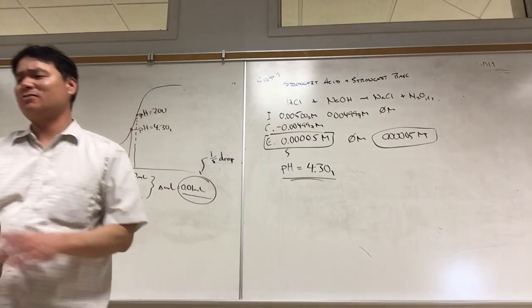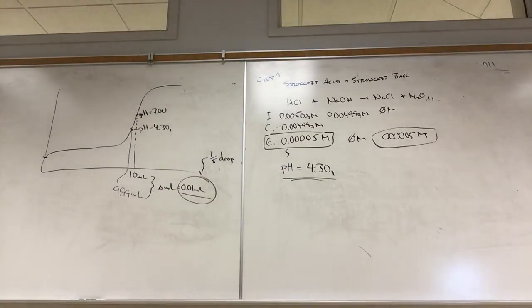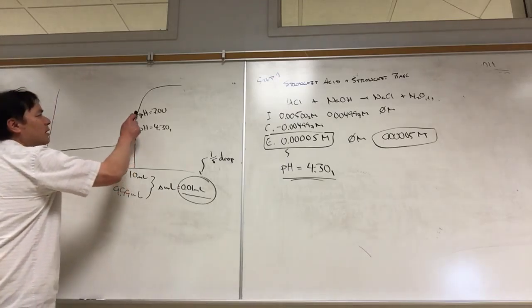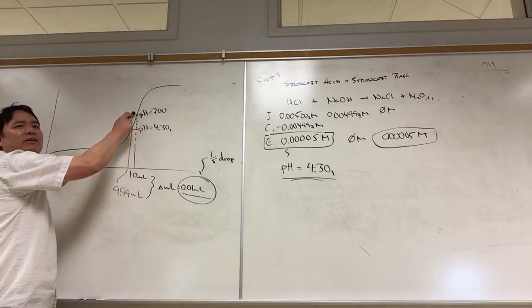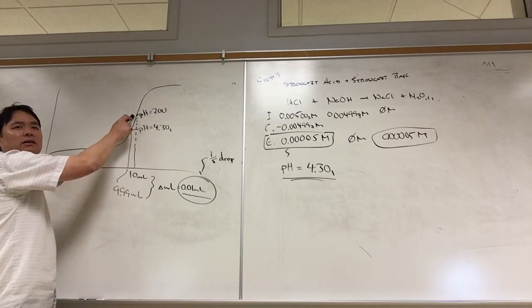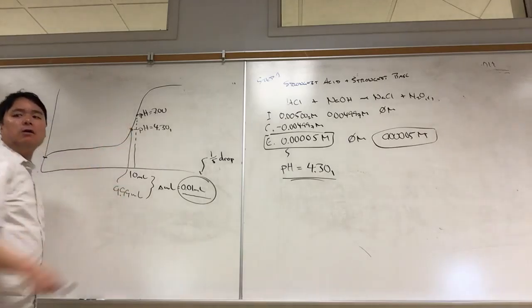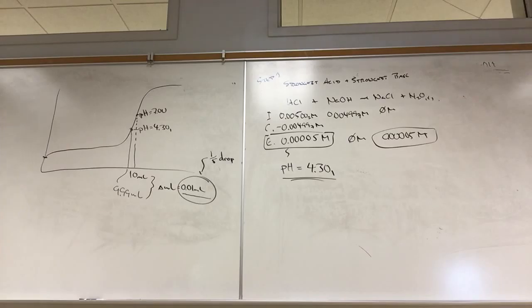But in this case, we don't. In fact, for all these titration problems, we don't have to worry about Kw because Kw will always be insignificant. The only time it's not is within like 1/1000th of a drop of the equivalence point. Does that make sense?